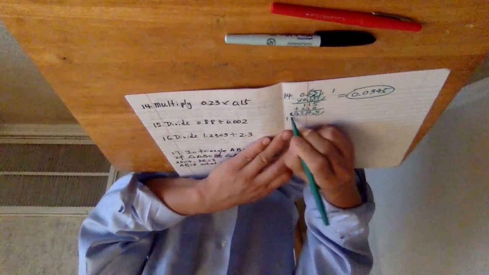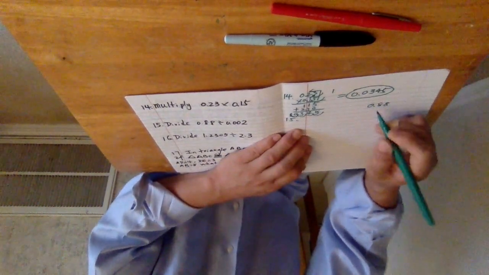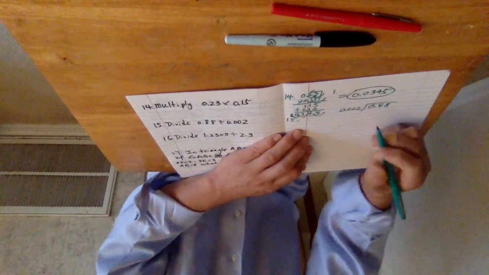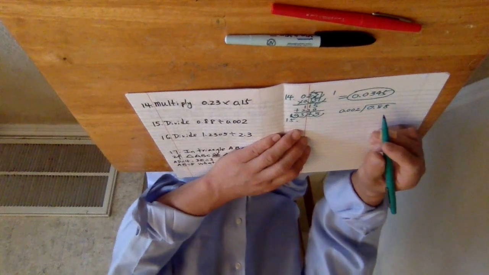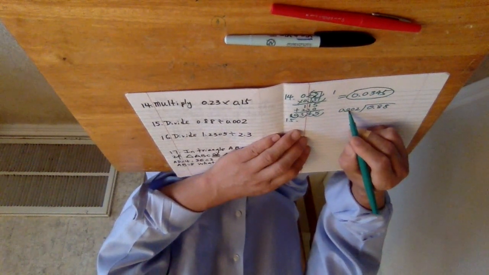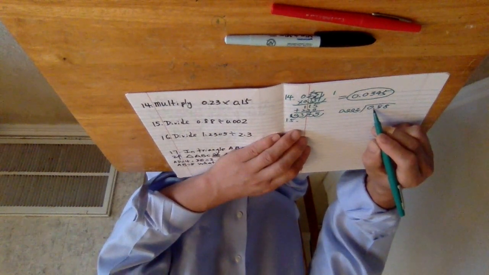Number 15, division. 0.88 divided by 0.002. Before you divide decimals, please make sure you move the decimal point to the right. 1, 2, 3, and then you move 3 places to the right accordingly.